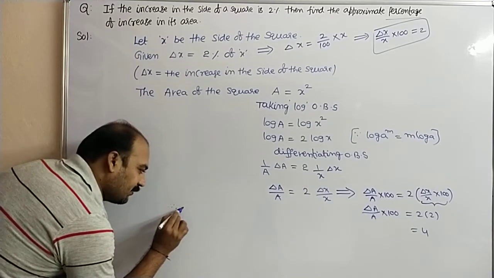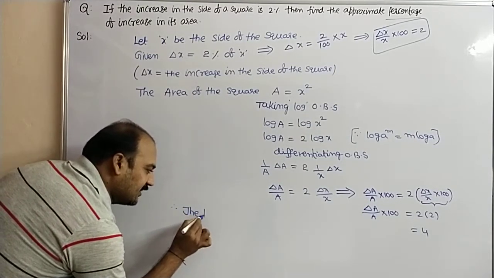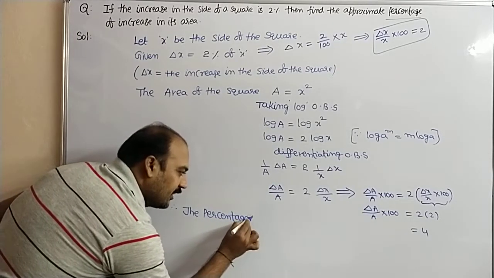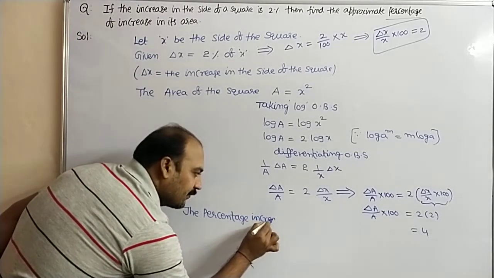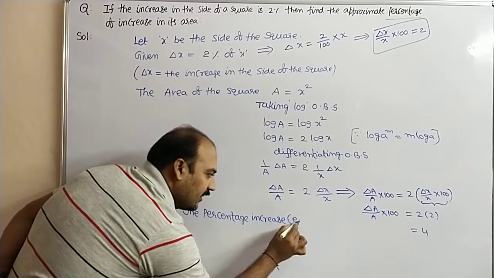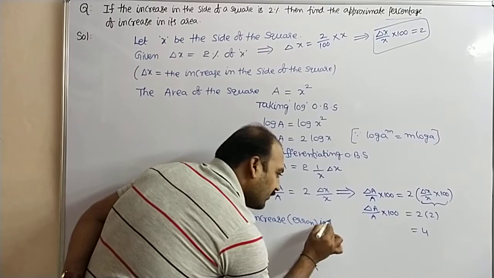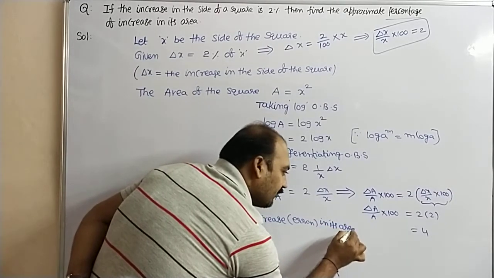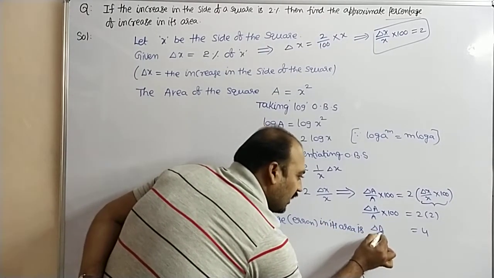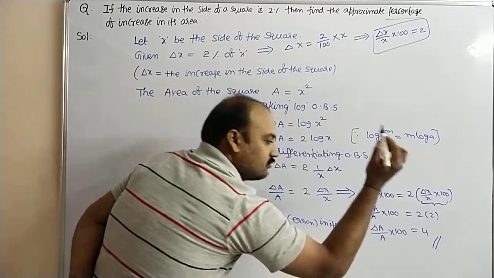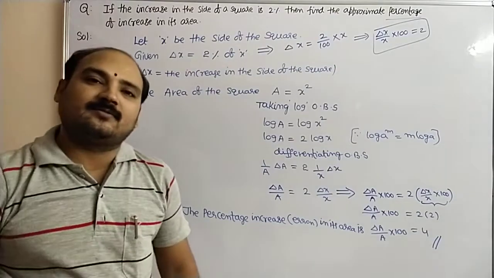Therefore, the conclusion step: the percentage increase or error in its area, delta A by A into 100, is equal to 4. Hence, the result.